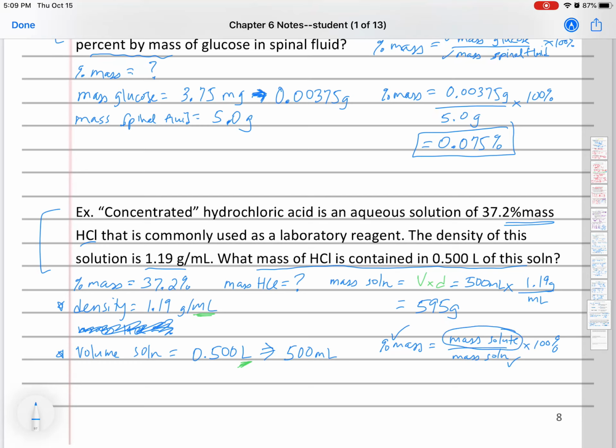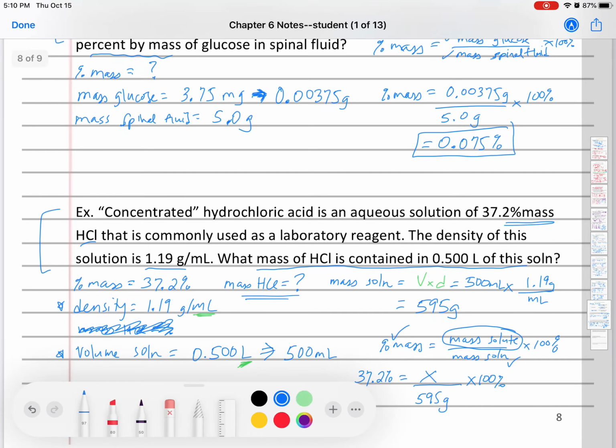So now I can solve for this variable here, the mass of the solute, and that's ultimately what we want to find. So if I plug in what I have, 37.2% equals X, we don't know the mass of the solute, divided by 595 grams of solution times 100%.